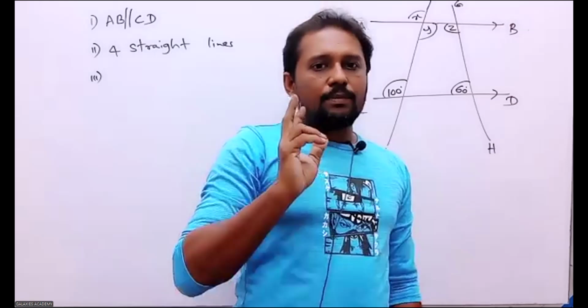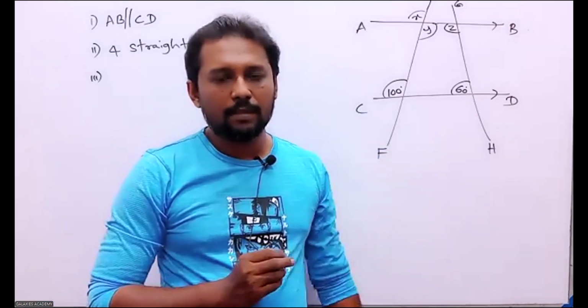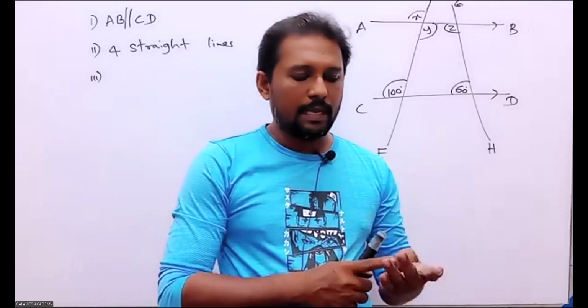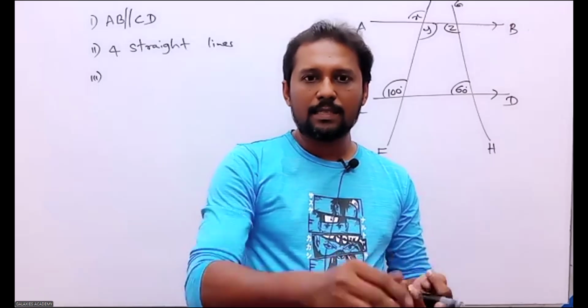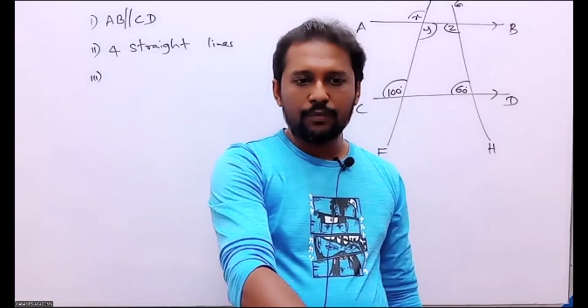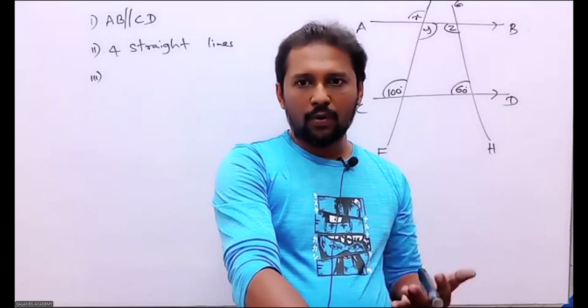What are the 3 types of angles mentioned related to parallel lines? Alternate angles, corresponding angles, and allied angles. If you want, you can write the word form.